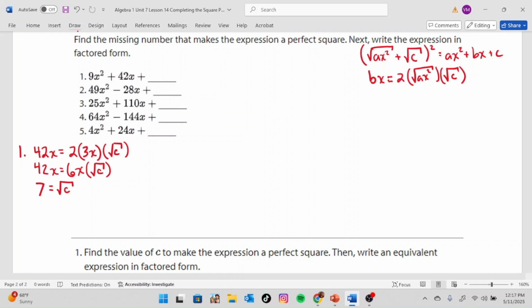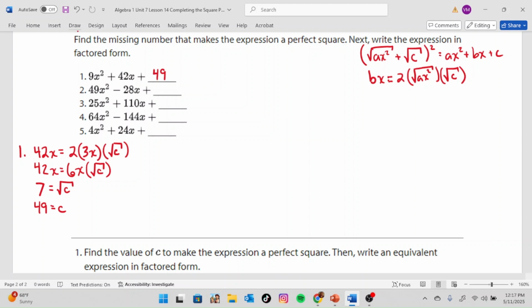Now, if I want c, then the opposite of taking the square root of something is to square both sides. So if I square both sides, then 7 times 7 is 49, and that's going to be my c term. So this missing c term is 49.